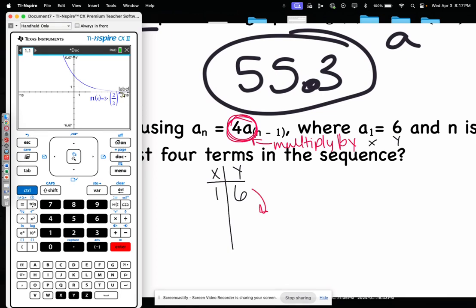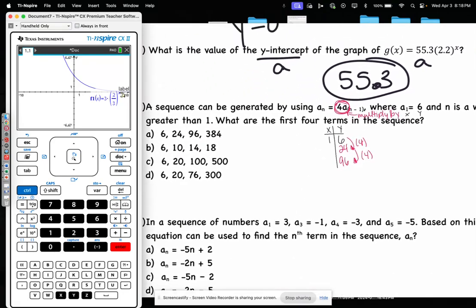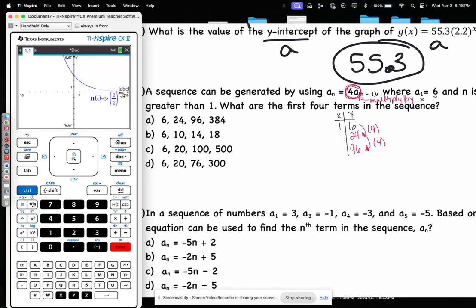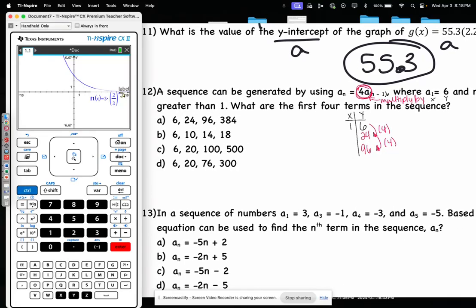So I'm going to have to say 6 times 4 and I get 24. And then 24 times 4 and I would get 96. It's talking about the first 4 terms. So if I come over to my answers here, all of them start with 6, but the only one that has 24 in that second spot is letter A.